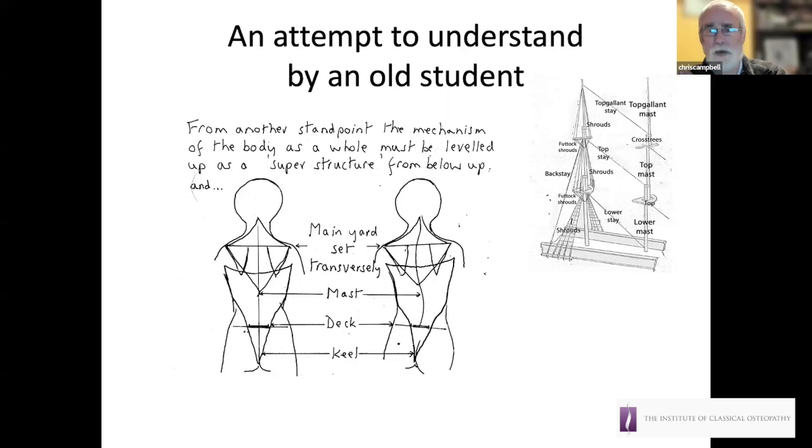It always tries to find its way back to the midline, unlike a rigid structure like a ship's mast, in which case you only get the tension in the shrouds and stays. So those long lateral curves will be converted into short lateral curves based on whatever other lesion conditions there are in the spine.